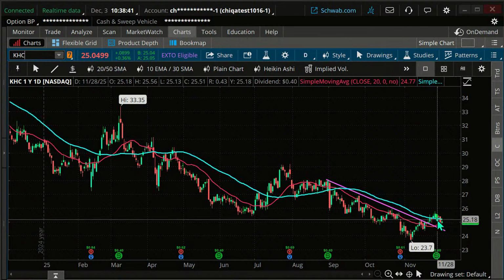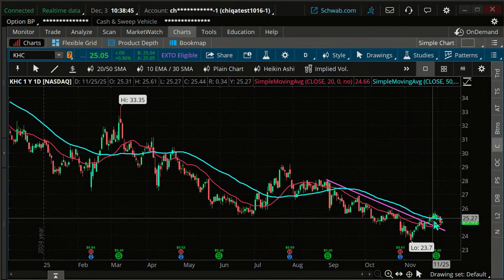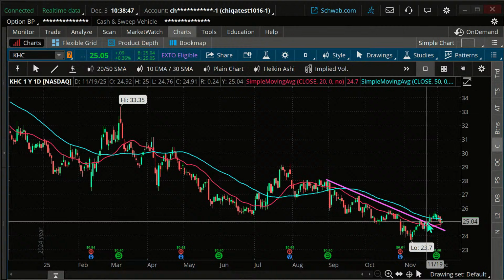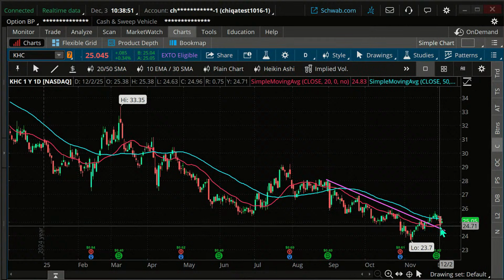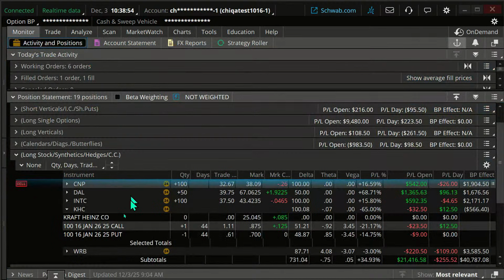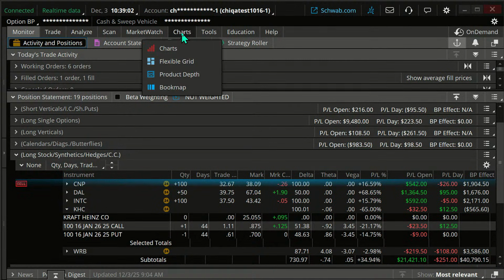We knew it was trending down, and we were trying to catch the change in trend on the breakout from there. Well, so far it's not going great, but one thing we could do is add a stop in here. So I think that makes sense, adding a stop on Kraft Heinz.